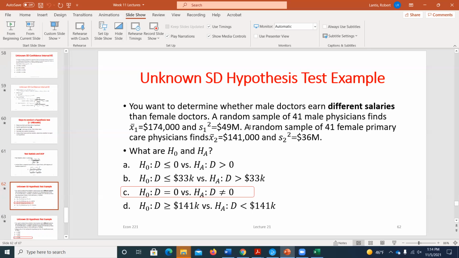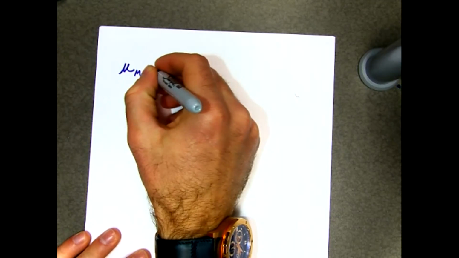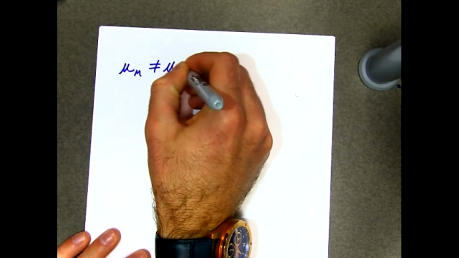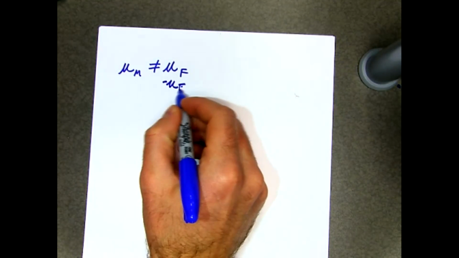Once again, similar to one population, if I want to test for something as different, or that there are differences in these 2 groups, I'm really just saying: is the true population mean for males not equal to the true population mean for females? The statistic I'm looking at is really the difference, so I need to rearrange this a little bit. Subtract the mean for females from both sides.